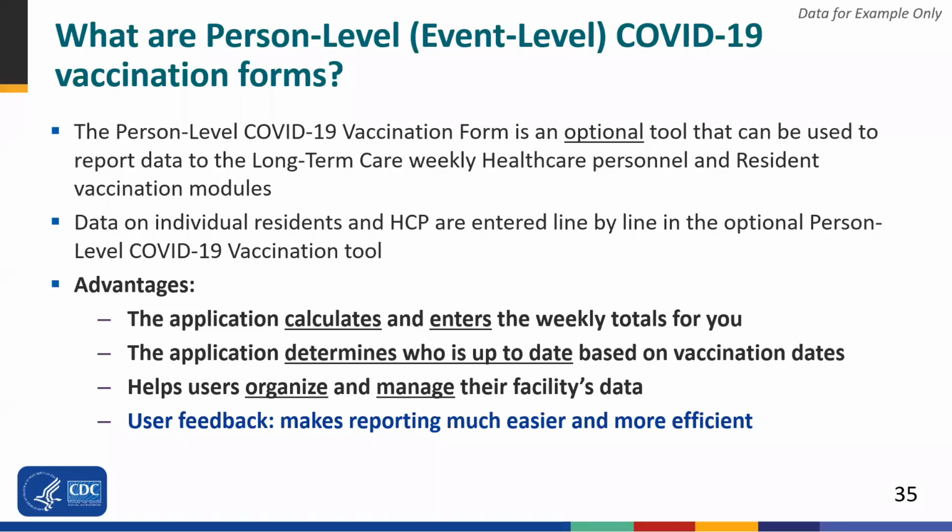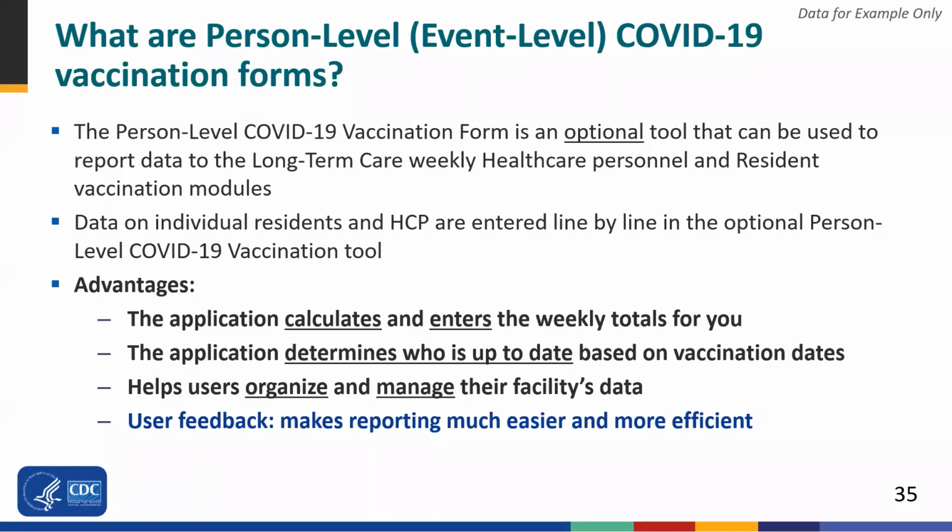And there's a couple of really great advantages here that we've heard from our users, but some of the highlights are listed here. So to start, the application will calculate and enter those weekly totals for you. So you don't have to spend time looking at admission and discharge and vaccination dates to decide what needs to be entered from week to week. If you fill out the optional person level form completely, the application will total that.